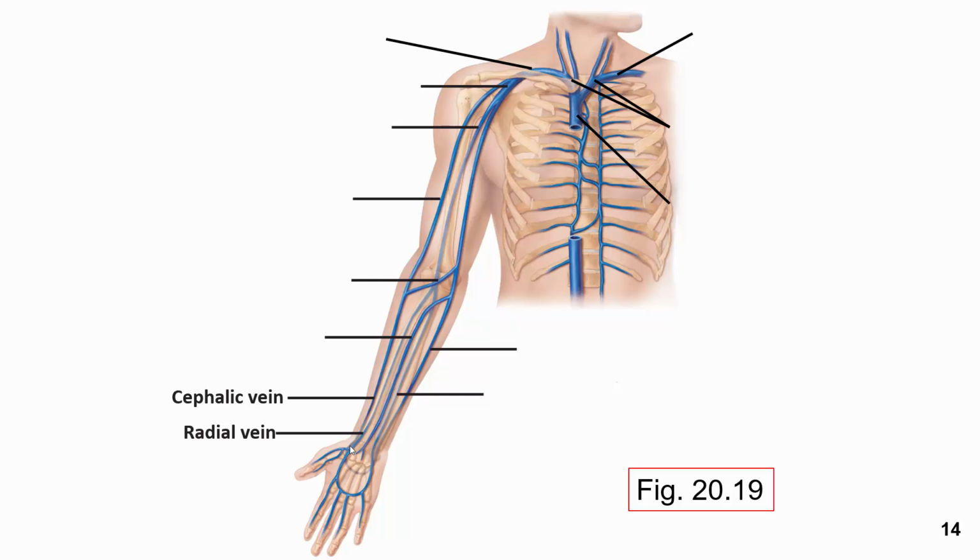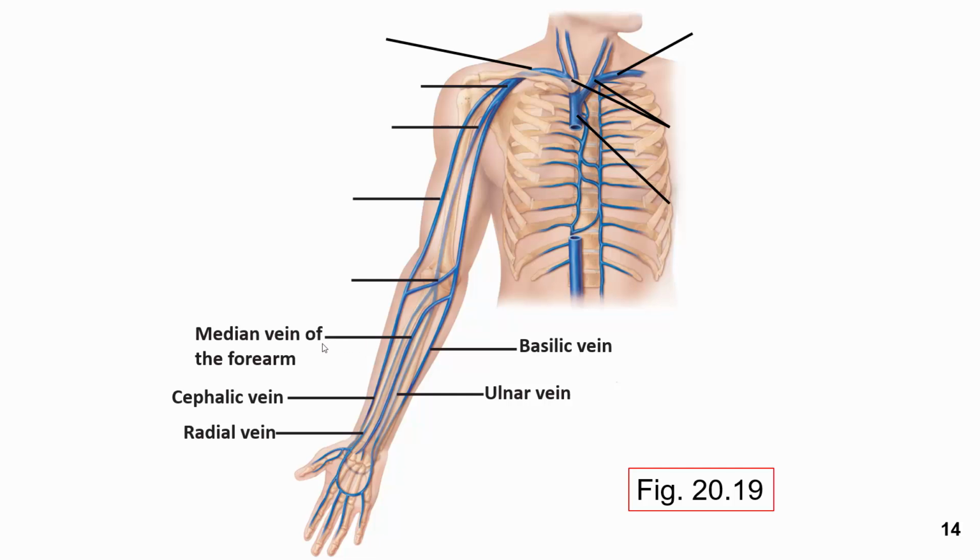We have the most lateral vein, called the cephalic vein, and the vein on the most medial side of the forearm is the ulnar vein. The basilic vein, also located on the medial side of the forearm, helps to drain that tissue of the forearm, as well as collecting blood from the hand and fingers.